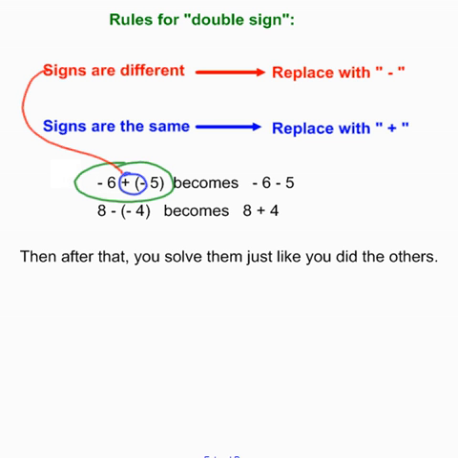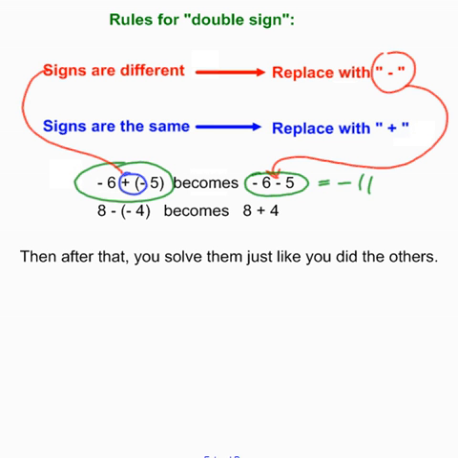So that double sign of plus minus got replaced with just the minus sign. Then when you look at that problem, -6 minus 5, you go back to what we did in the previous video. You start at -6, go in the negative direction 5, and that one winds up as -11. If you don't know how to do that, watch the previous video.